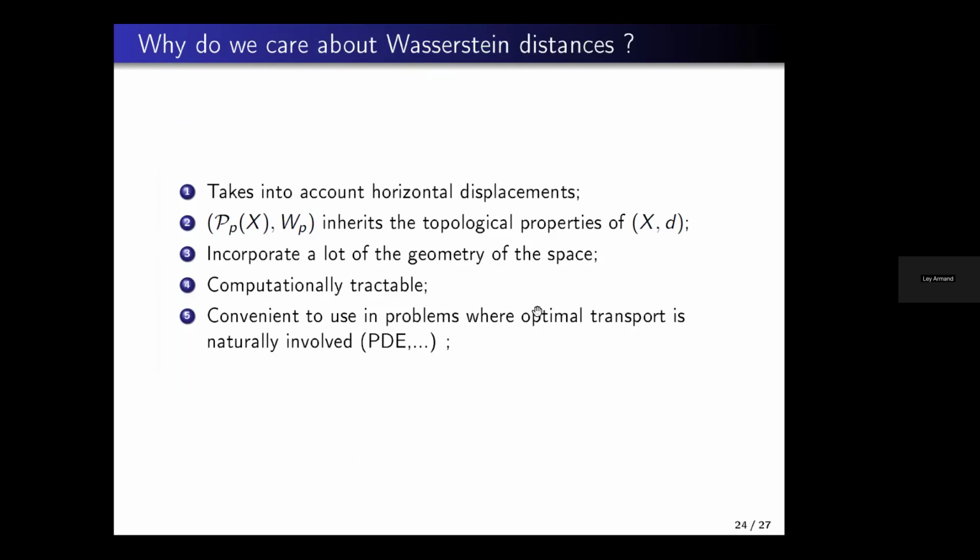So I gave some reasons why Wasserstein distances are nice. You have a lot of reasons, mostly geometrical and computational, and it's more natural in mathematical settings where optimal transport is naturally involved.